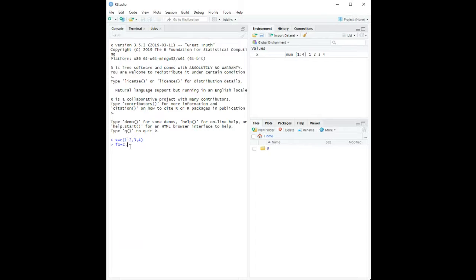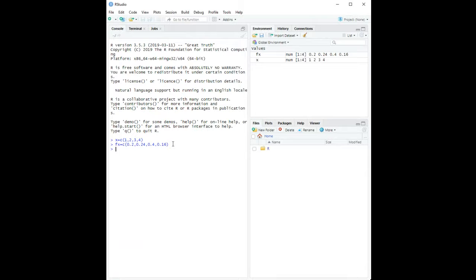Oops, sorry, number lock. 0.2, 0.24, 0.4, and 0.16. Okay, so those are your relative frequencies of them rating between 1 and 4.